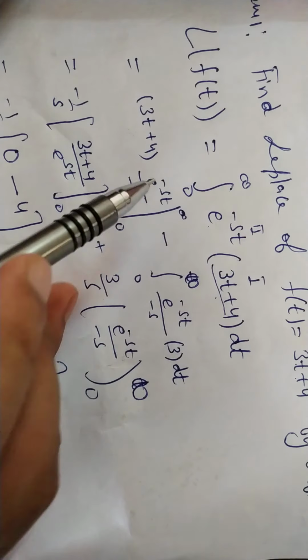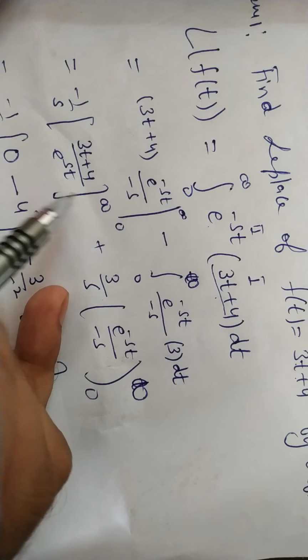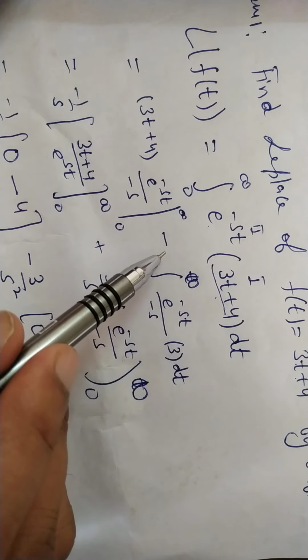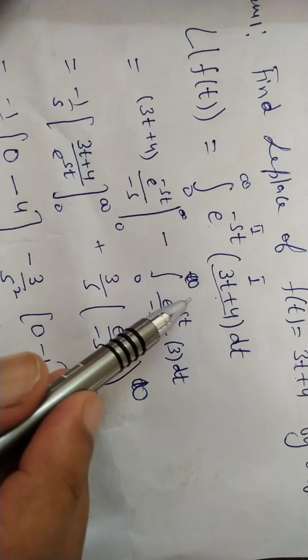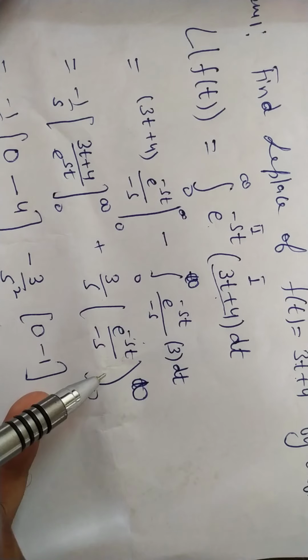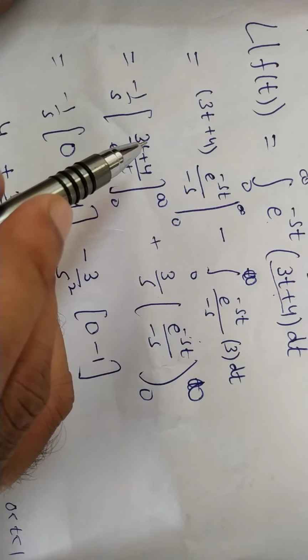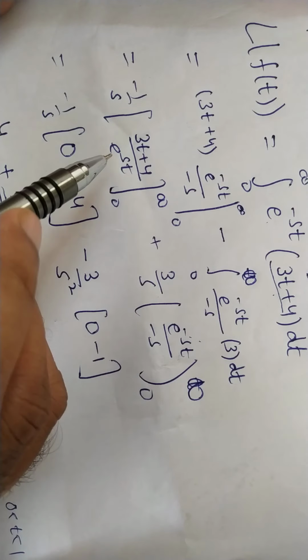After simplifying, taking minus 1 by s common, we can write it like this. Here take common 3 plus 3 by s, again integrate e raised to minus st upon minus s, infinity to 0.